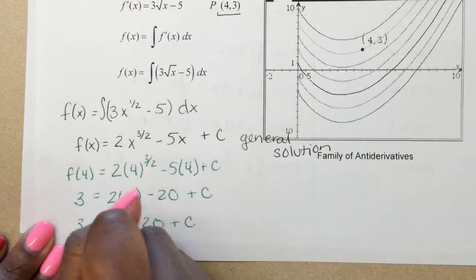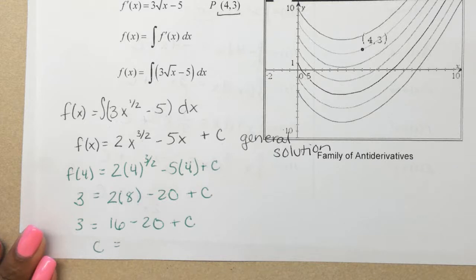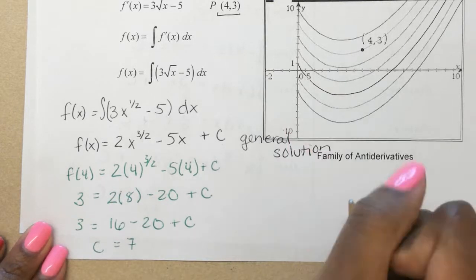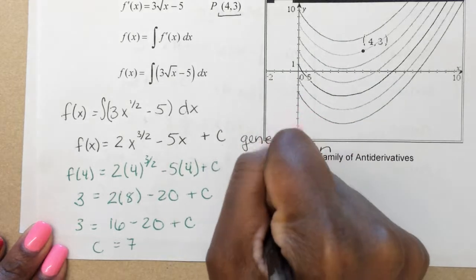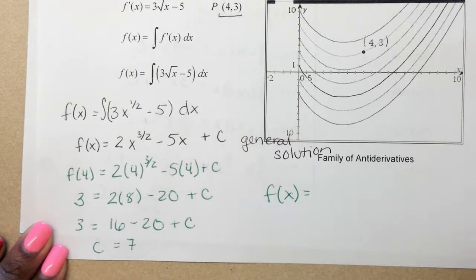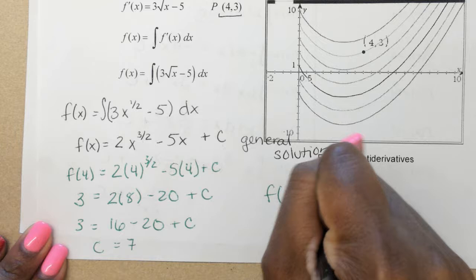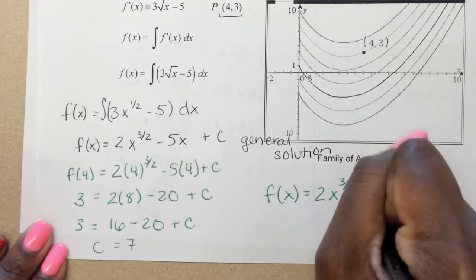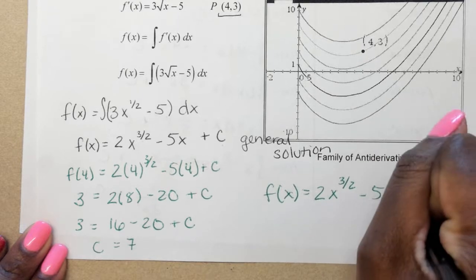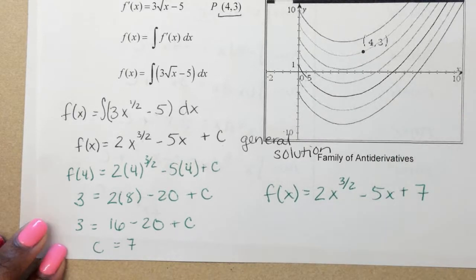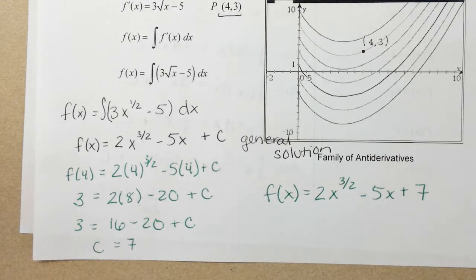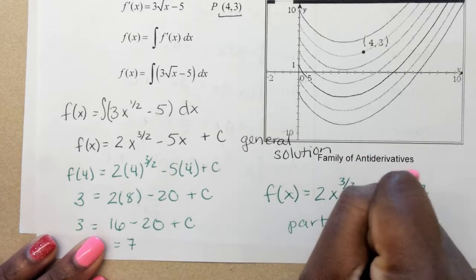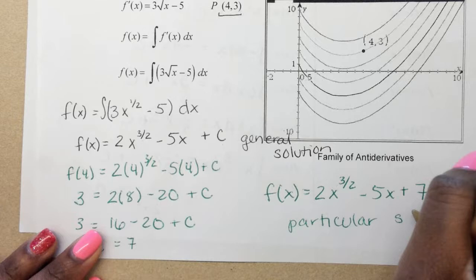So c is equal to 7. So we have f of x is equal to 2x to the 3/2 minus 5x plus 7. And this is what we call a particular solution.